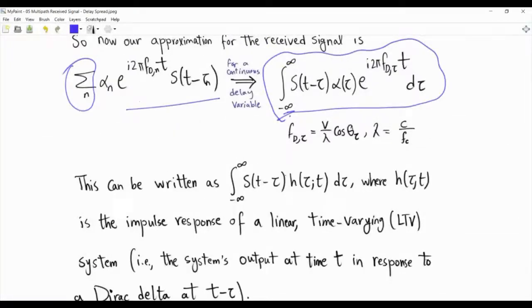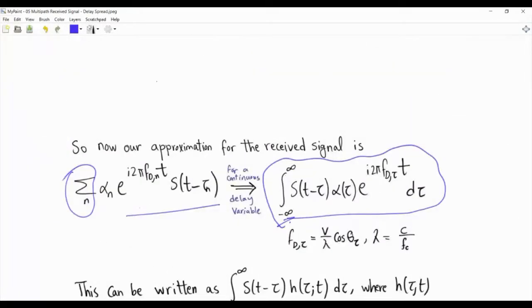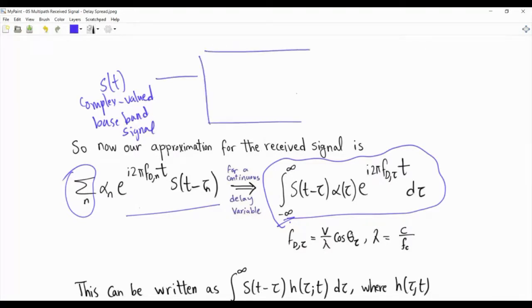Let's see. We start at baseband. We started with s(t), the complex valued baseband signal. It went through this black box, which is the wireless channel.